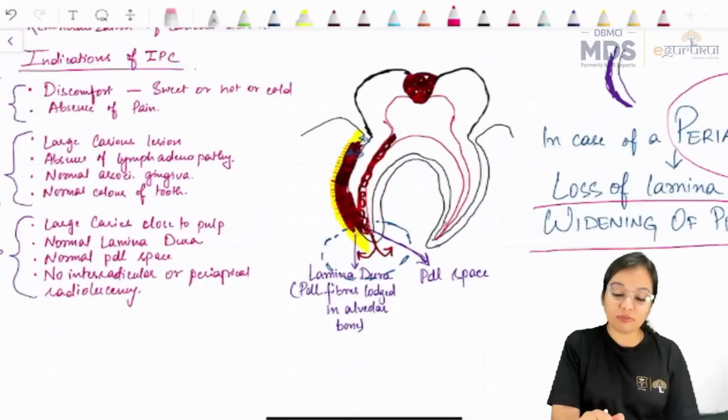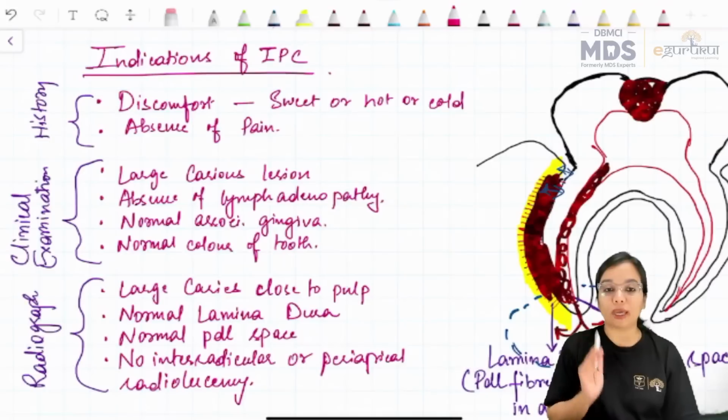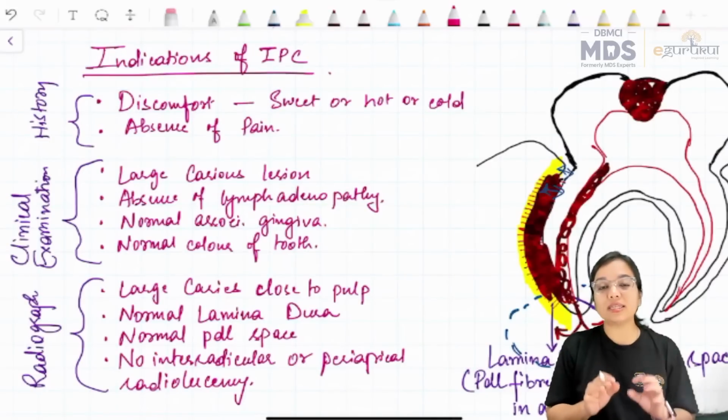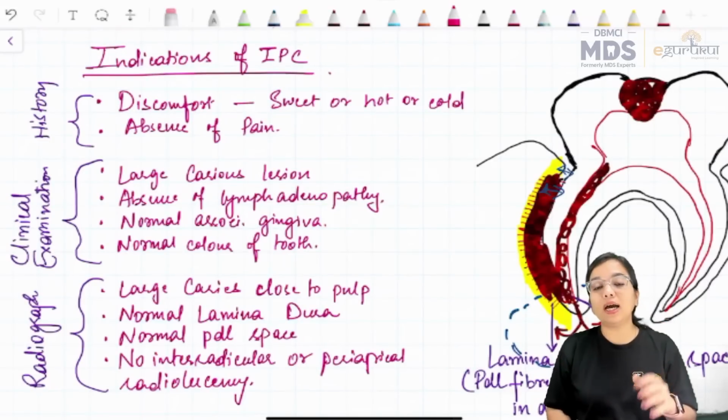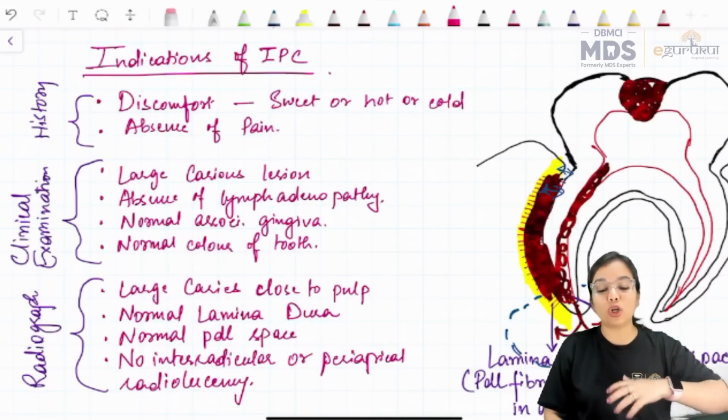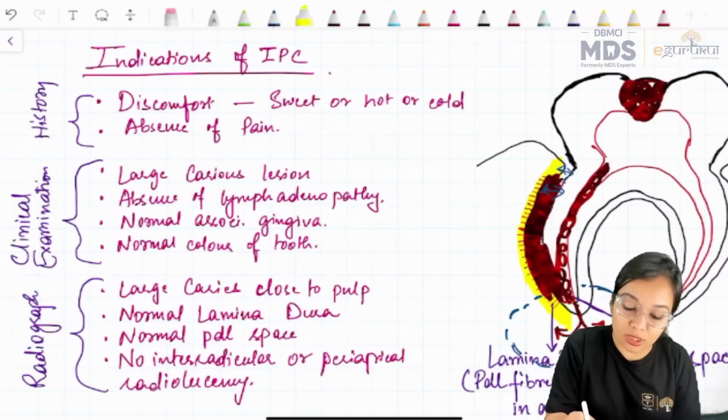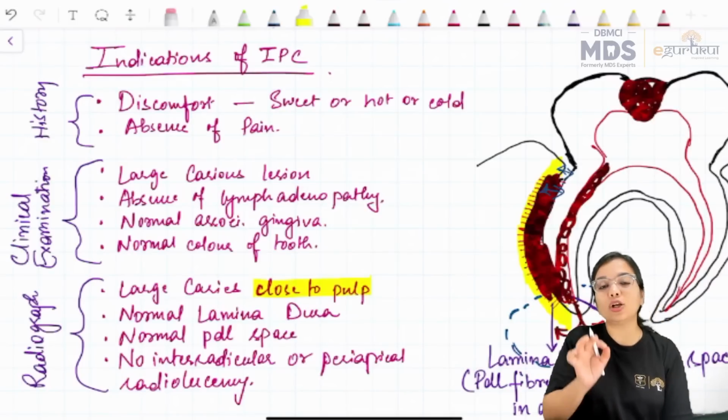But when we are talking about indirect pulp capping, there the caries have not reached the pulp. They are about to reach the pulp. They are close to the pulp. Like I told you in the radiographic examination, there are large caries that are close to the pulp.